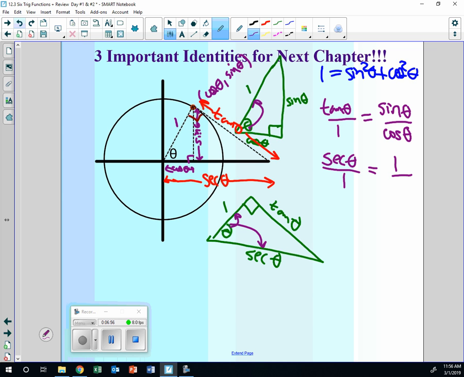So what's adjacent, not opposite? Cosine. How are we doing? Secant is 1 over cosine. There's another definition that you're going to be responsible for. You'll memorize it, but I wanted to show you where it came from. And then as a bonus, by the Pythagorean theorem, secant squared theta is going to be equal to 1 plus tangent squared theta. What do you know? There's a whole bunch of formulas there.